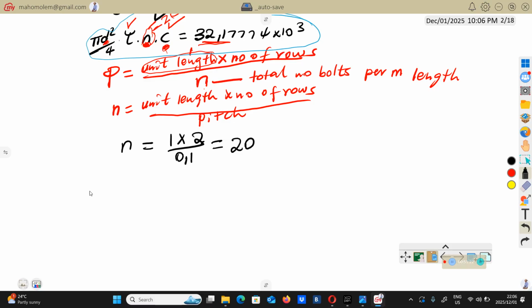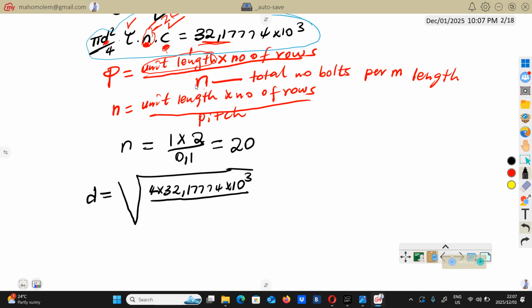You will have d equals the square root of 4 multiplied by 32.1, divided by pi, and divided by this shear stress, which is given, it's 45.